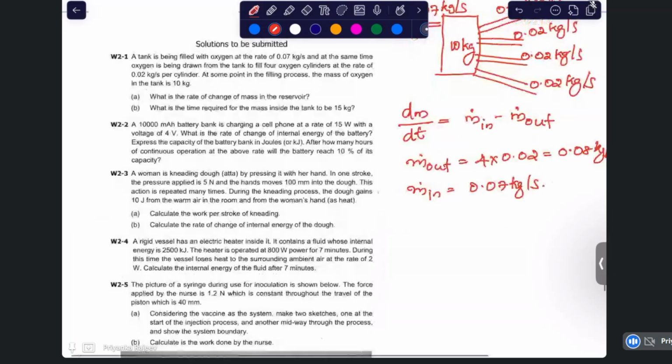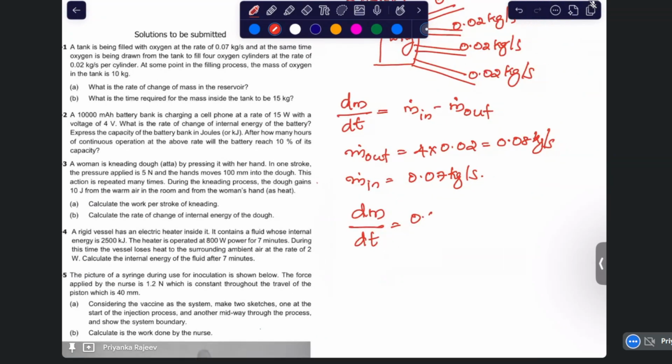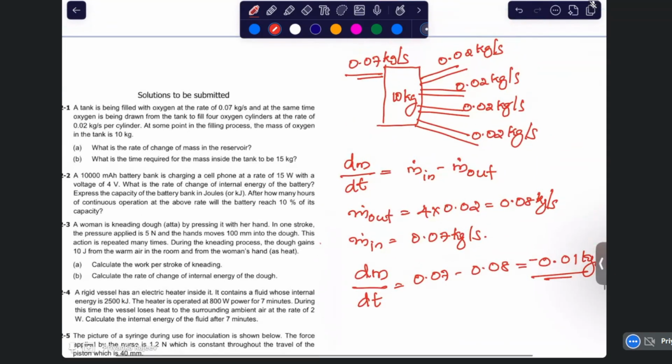So dm by dt is going to be negative: 0.07 minus 0.08, equal to negative 0.01 kilogram per second. So mass is going to deplete. After every second, 0.01 kilogram of mass is going to be less in this main reservoir tank, which is having 10 kilogram at present.